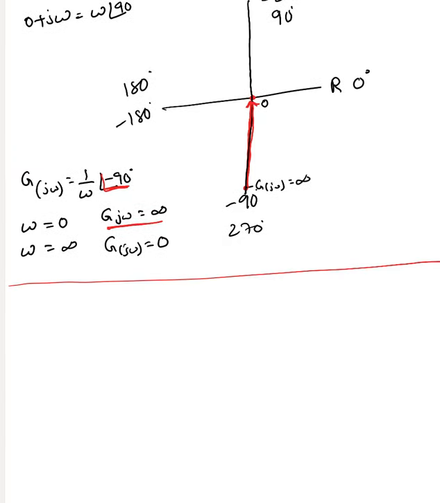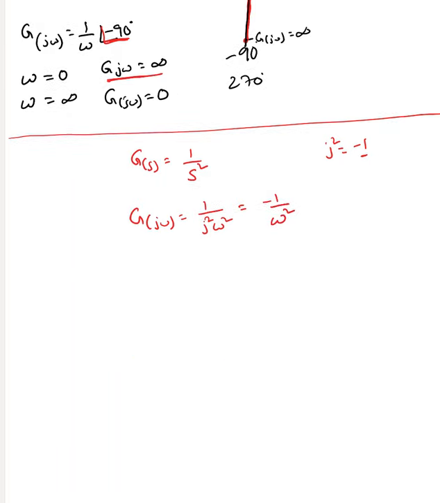Now here is the next example. The given system G of s equal to 1 over s square. So when I write it down, G of j omega equal to 1 over j square omega square. We know that j square is nothing but minus 1. So basically it's going to be minus 1 over omega square.